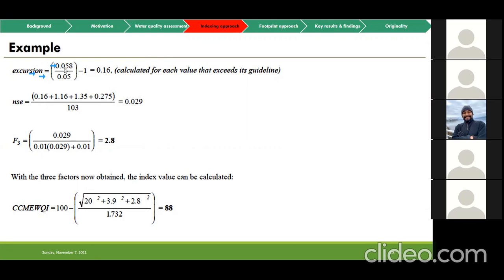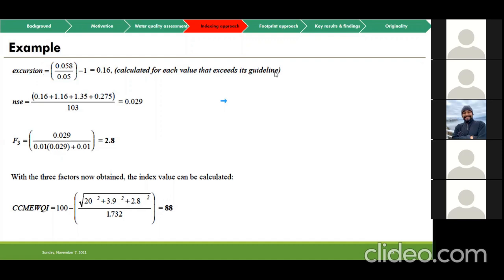There's a certain formula. This is the value 0.058, which is the exact value, and 0.05 is the guideline value. You normalize it and calculate a score, something like 0.16, 1.16, 1.35, 0.275. These four values came from all these parameters.